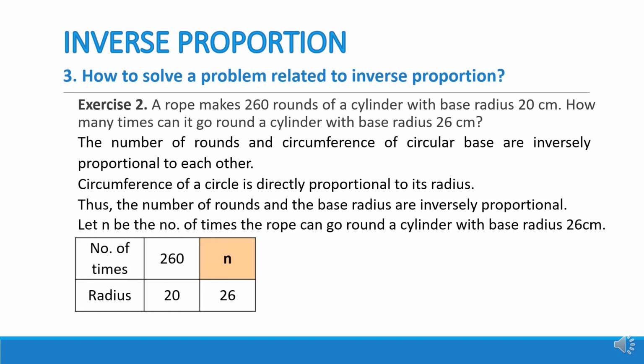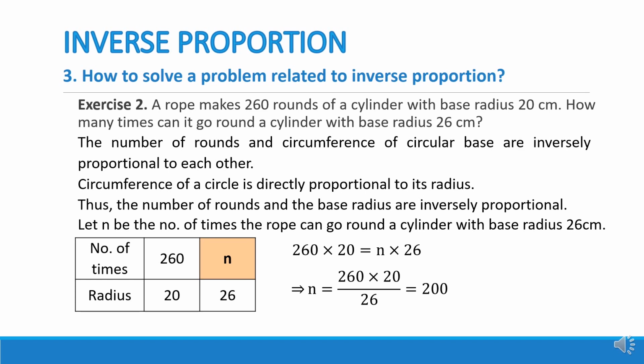And let n be the number of times the rope can go round a cylinder with base radius 26 centimeters. We have the product of 260 and 20 is equal to the product of n and 26.